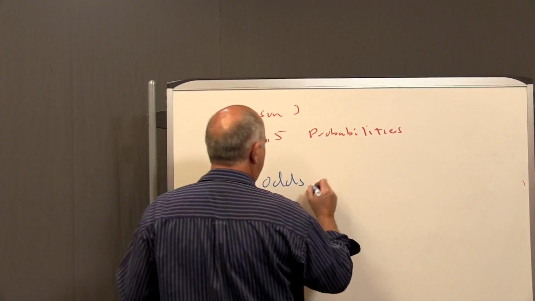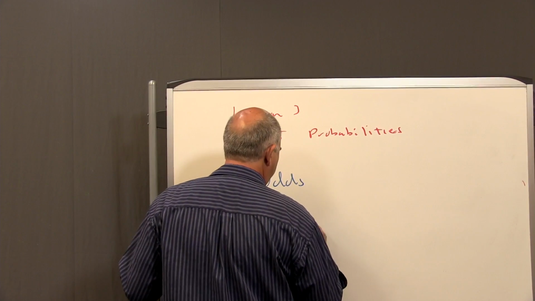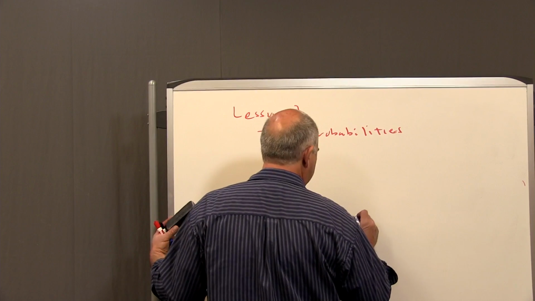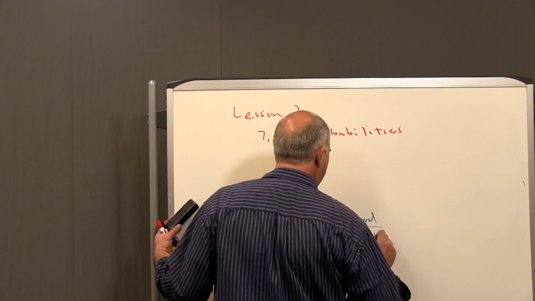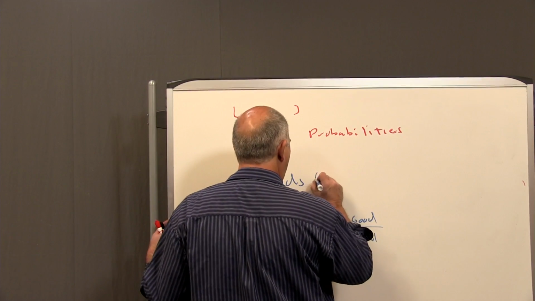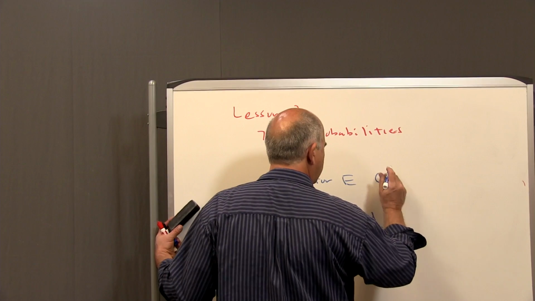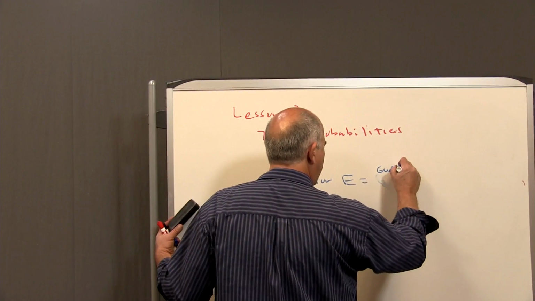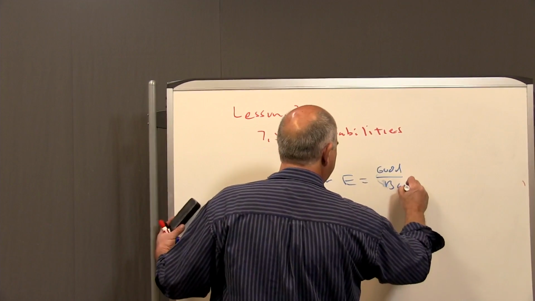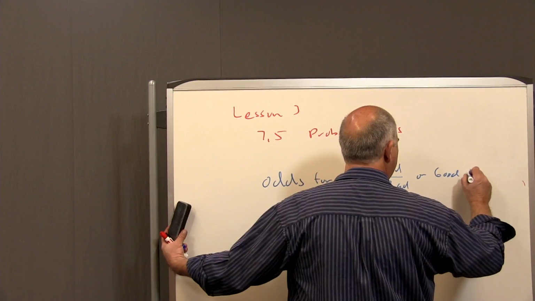So remember that the probability of E is the good divided by the total, and the odds for E are the good divided by the bad, or the good to the bad.